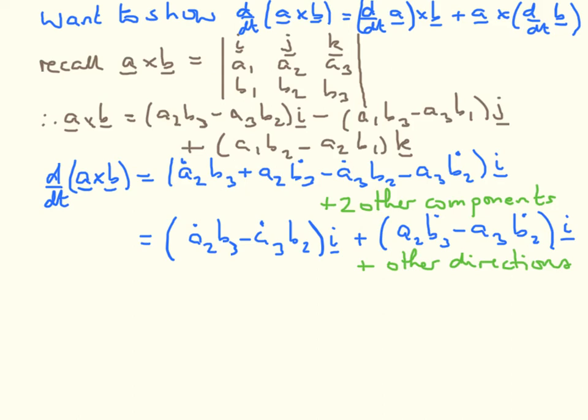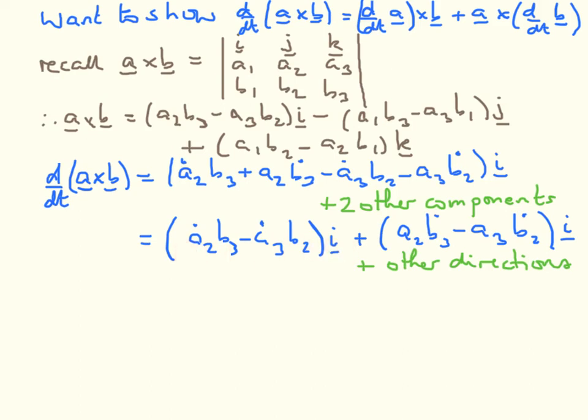We've achieved what we want, because we look at this and we look at our definition of the cross product here, and we see, well, this term here in the I direction looks exactly like that if we were to put not A but the derivative of A with respect to t. So instead of having A2 we would have the derivative A2 dot. Instead of having A3 we'd have A3 dot. That's exactly what we have here.